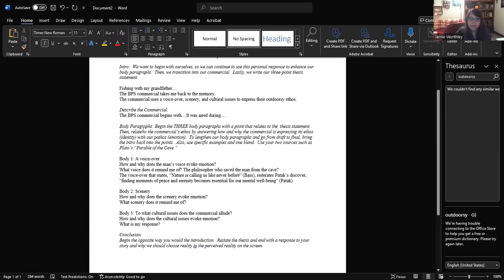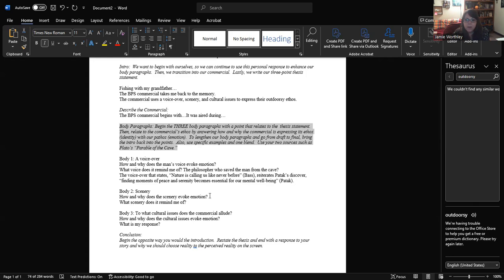All right, so let's begin our 3 body paragraphs with a point that relates to the thesis statement. I'm reading this right here. All 3 body paragraphs, we want to begin them with a point that relates to the thesis statement, then relate the commercial's ethos by answering how and why the commercial is expressing its ethos with our pathos, and I did examples here.